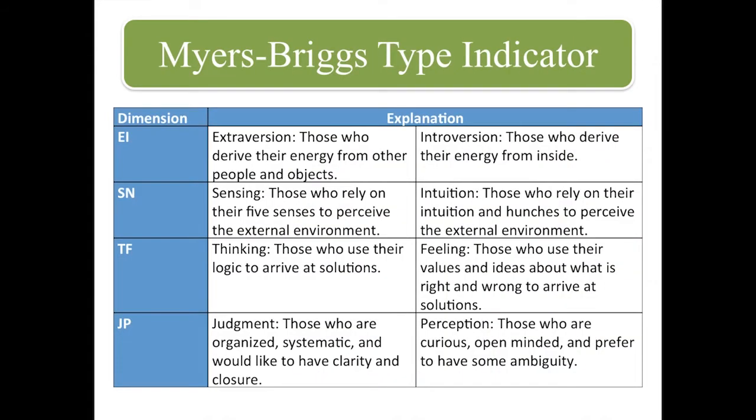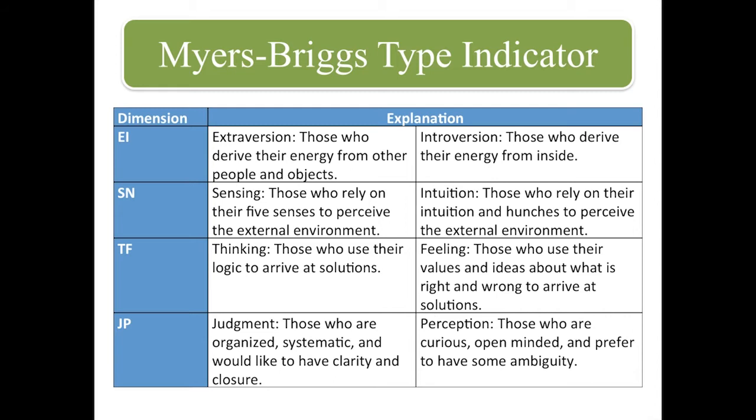The Myers-Briggs type indicator is something that you may have experienced or you may experience down the line. Here, people take a test or an inventory and they reply to those, and then they get a score on how extroverted or introverted they are, how sensing or intuitive they are, how much they engage in thinking or feeling, and how much they engage in judgment versus perception.